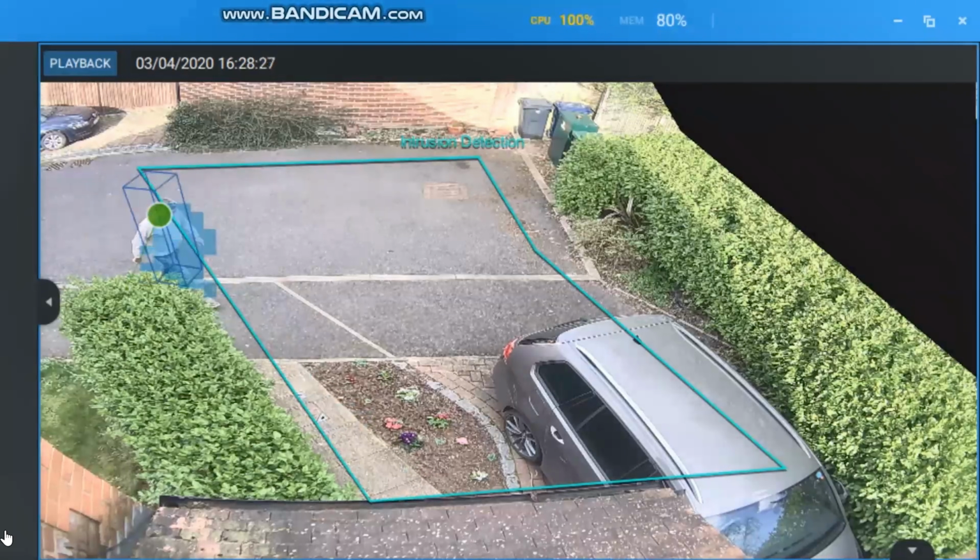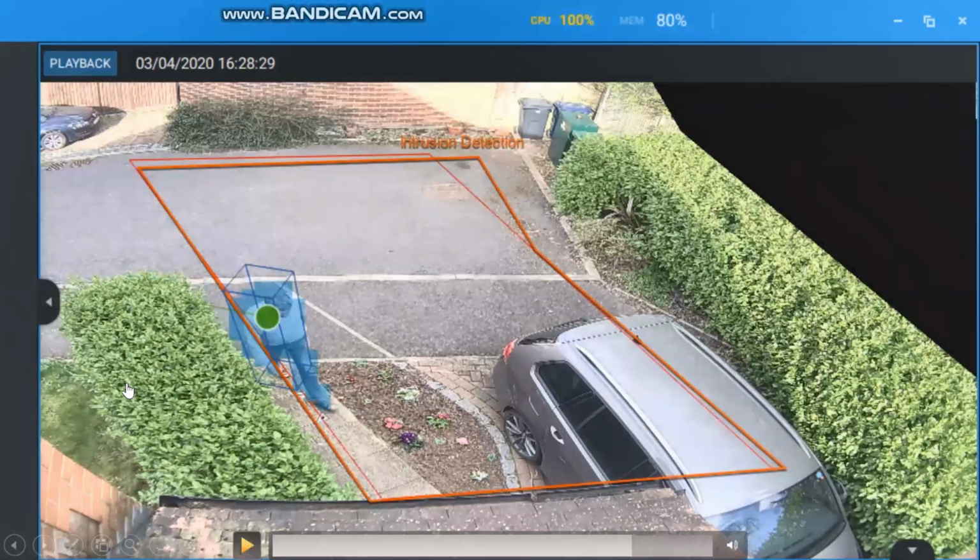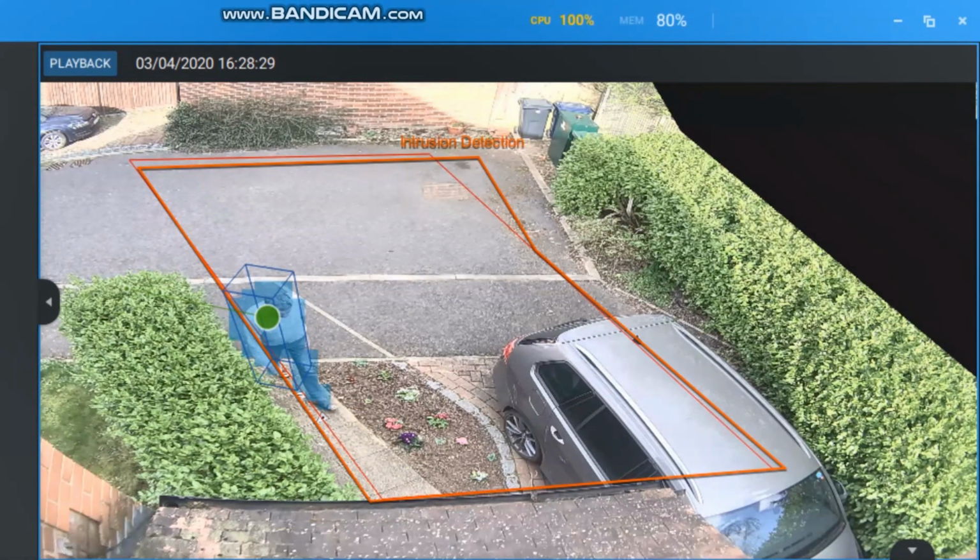However, when Steve is coming, you have a blue cube around him, which in fact detects him as a person, which was not the case for the dog. And when the feet enter the area, the detection is triggered. So the camera can filter very efficiently between different objects, animals, people.